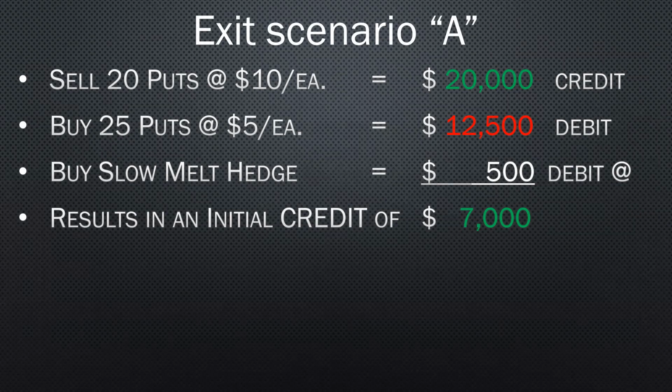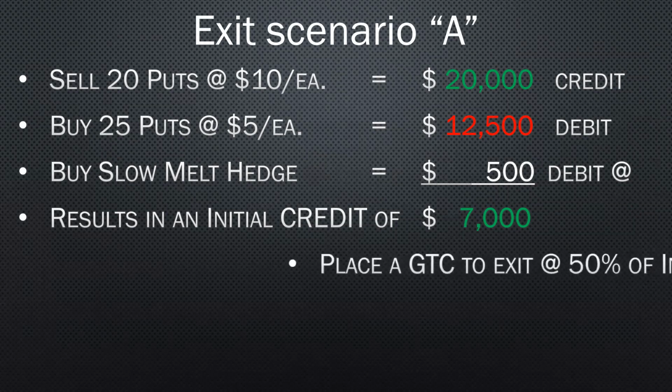So we're going to bring in an initial credit of $7,000. So if we bring in 20, we spend 12,500 on the long puts, we spend $500 on a slow melt hedge. The end result is $7,000 of initial credit.